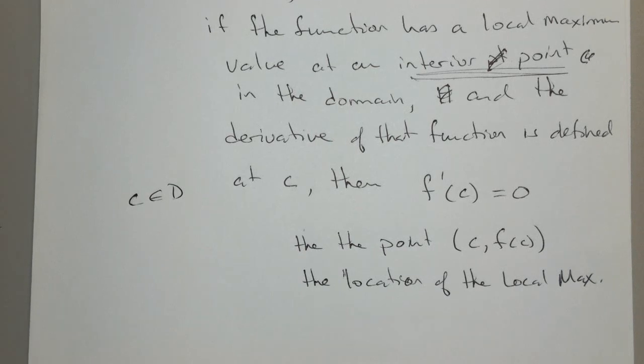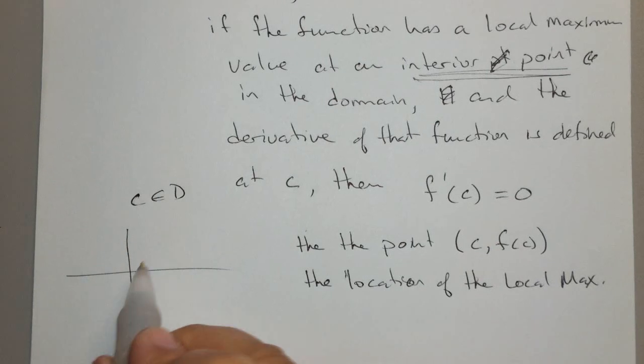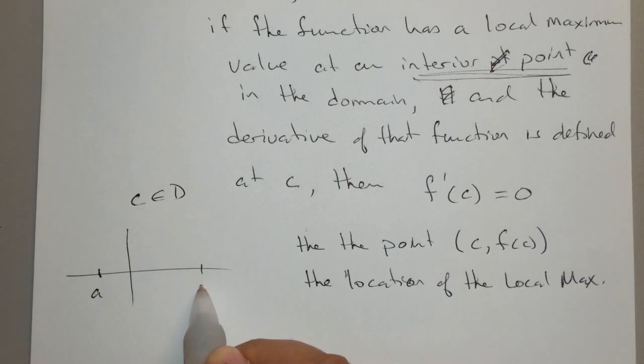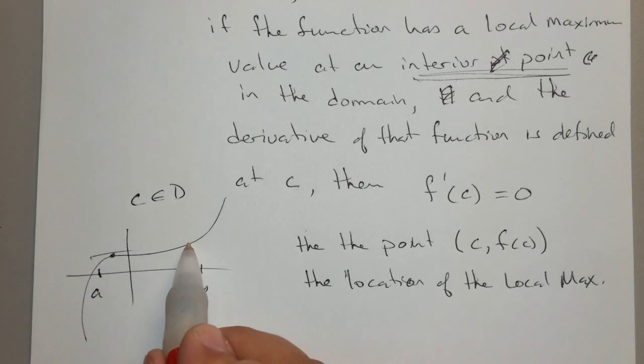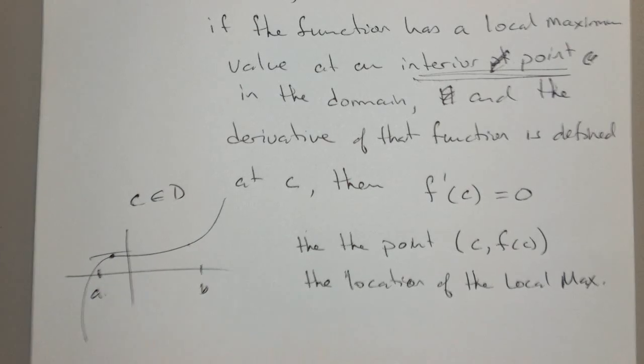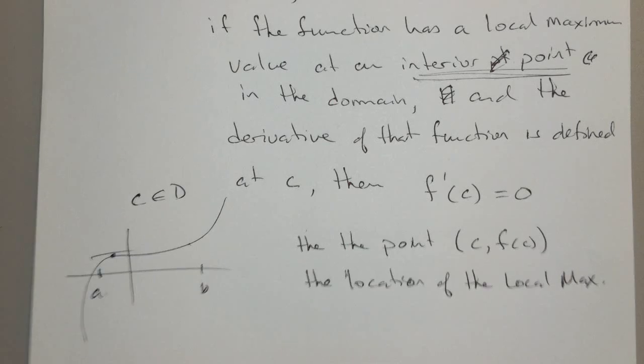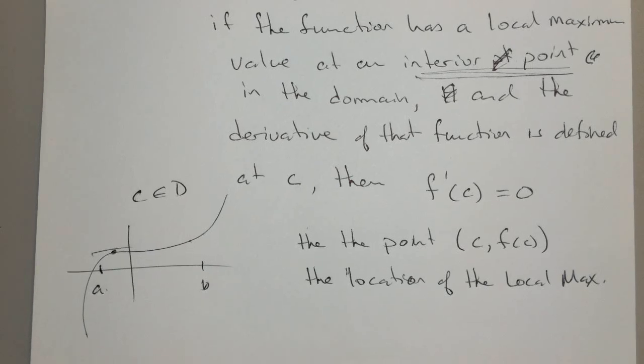If your domain is a and b, then the point in which the slope is 0 has to be within that domain. It's interior of that domain. Why is that? It's because we're looking at open intervals right now. We're going to include the endpoints in the next sentence, pretty much.